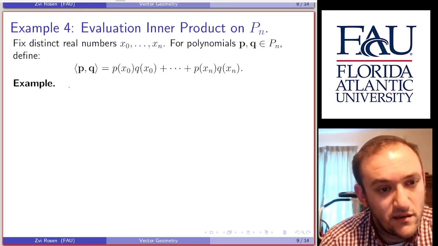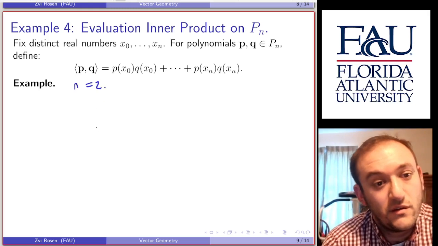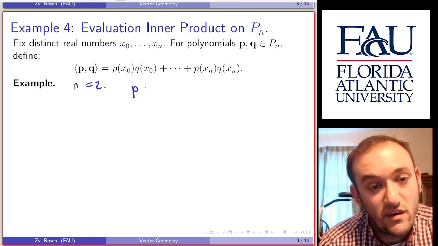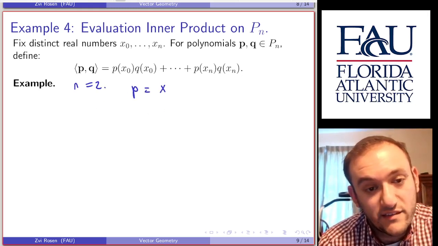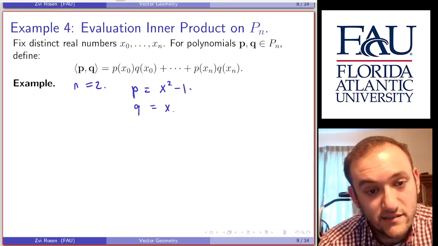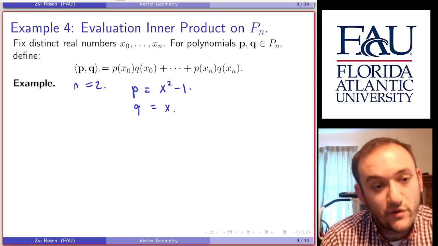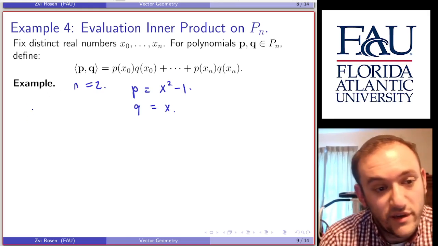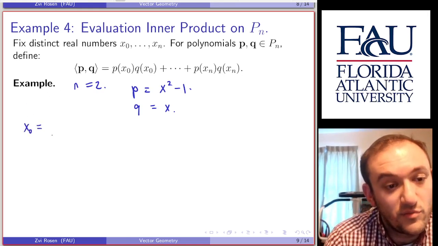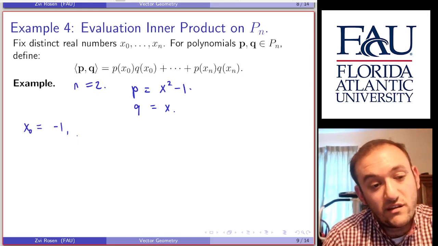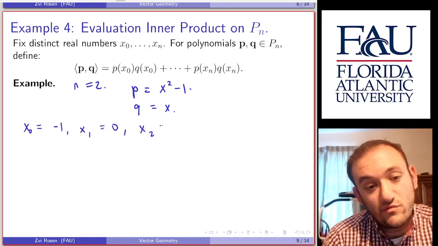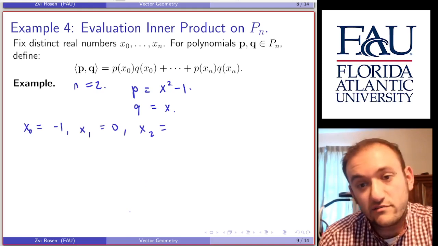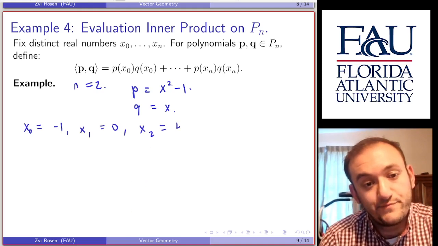Let's fix n equal to 2, and we'll have p be equal to x squared minus 1, and let's let q be equal to x. We're going to pick 3 points. x0 will be minus 1, x1 will be 0, and x2, let's make it a little bigger, let's make it 4.